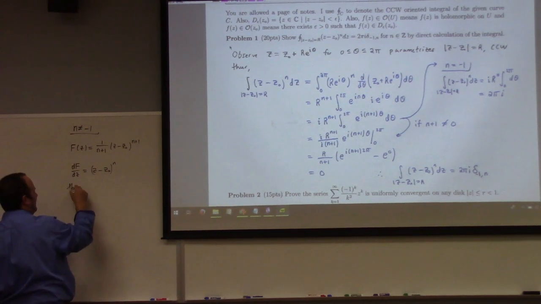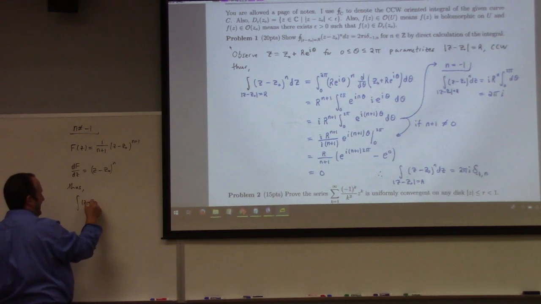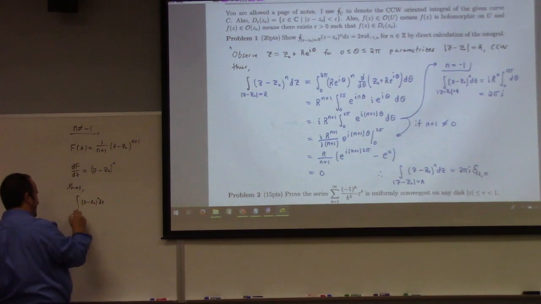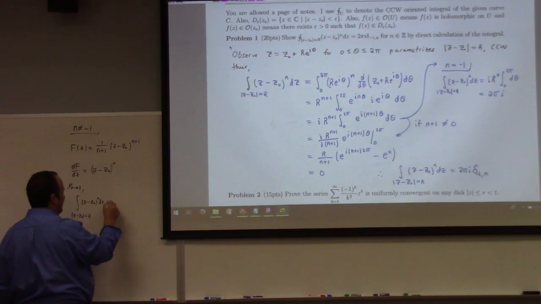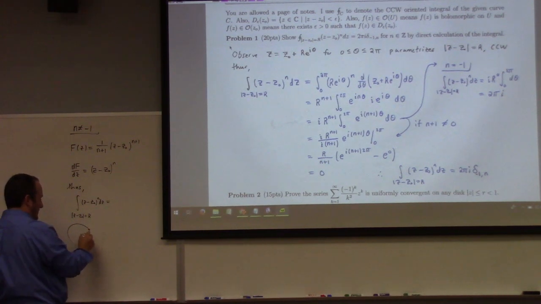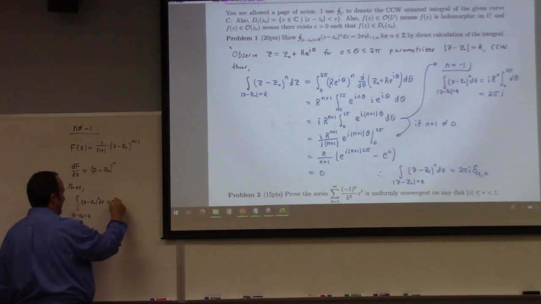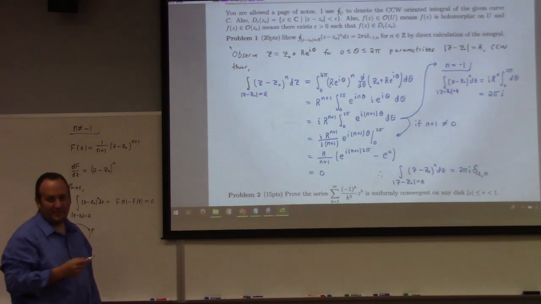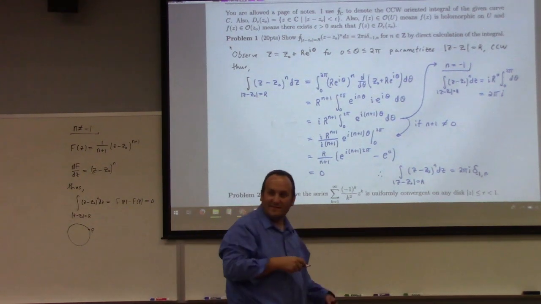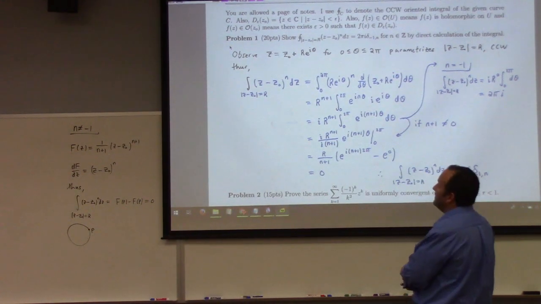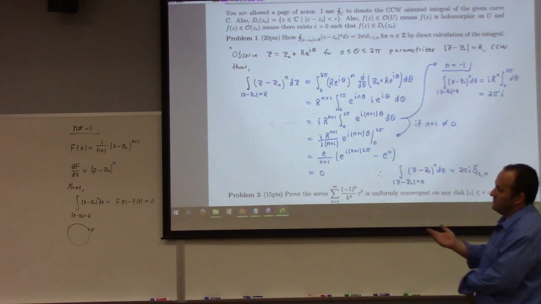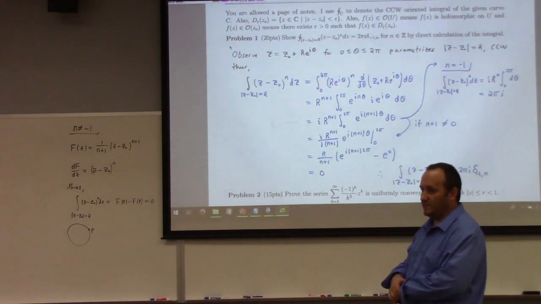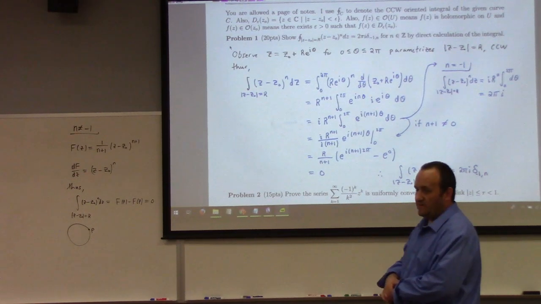So the integral of (z minus z naught) to the n dz over a circle would be, pick 2 points on the circle, I suppose, at the same point, and so you'd have f of p minus f of p, which of course would be 0. And that'll work swimmingly well as long as there is an antiderivative for this function, provided n is not equal to minus 1, all the way around.